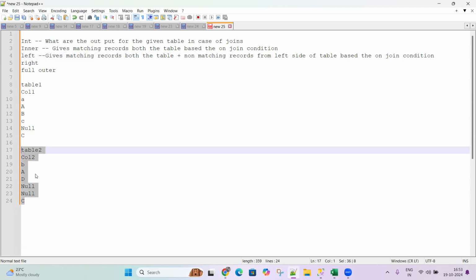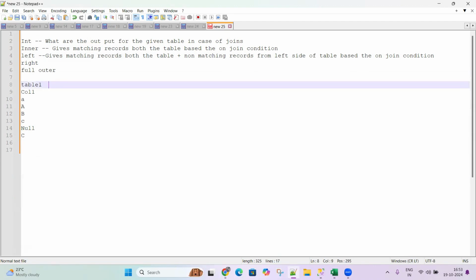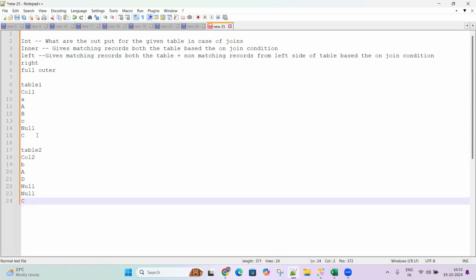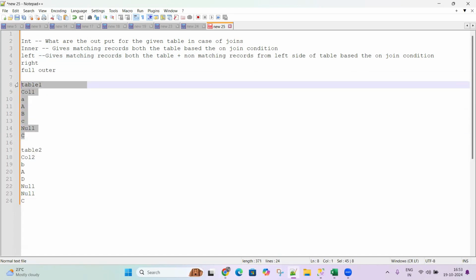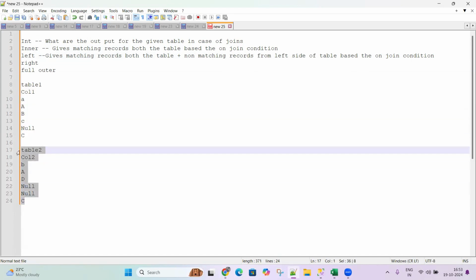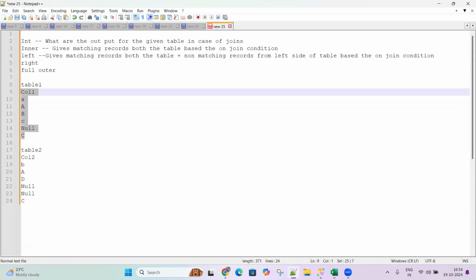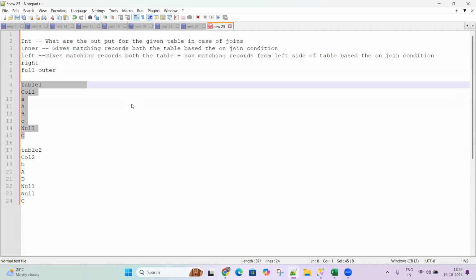Let's consider this table as the left side, and this table as the right side. First it matches all the records and gives all the matching records from both the tables, based on the join condition. And whatever records are not matching from the left side of the join, it gives those non-matching records.